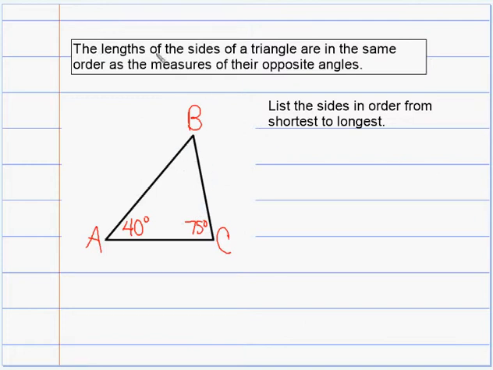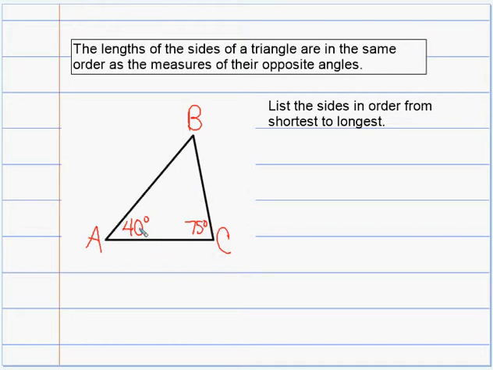So the lengths of the sides of a triangle are in the same order as the measures of their opposite angles. Okay, so if we know the angle measures, we know which sides are the longest or what order they go in. Same if we know the reverse. If we know the side lengths, then we know the order of the angles.